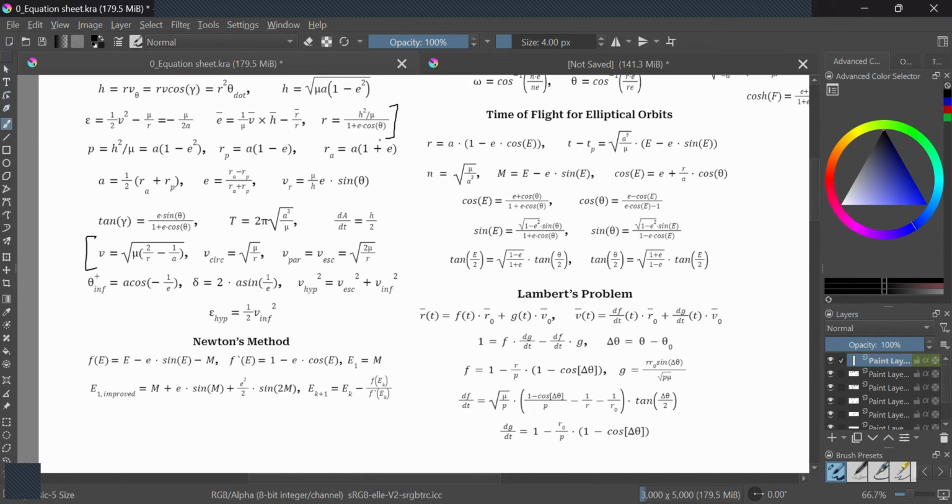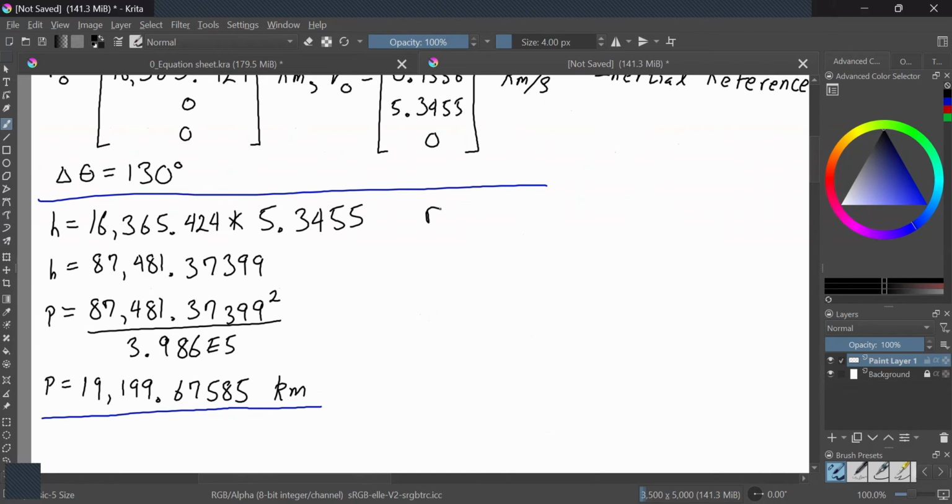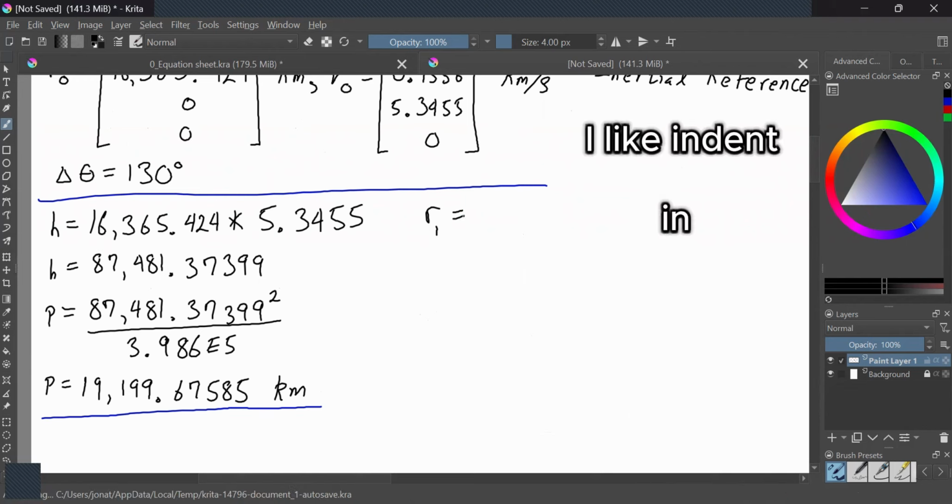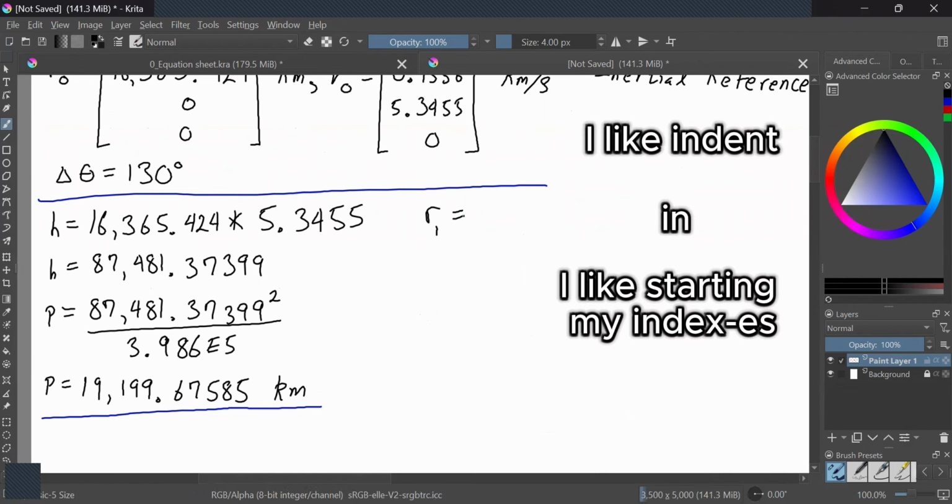So the reason why I'm doing this is because I want to have something to compare it to when I get to the end. So let me do this. So we have R1 because we have R0. I like starting my indexing at 0.